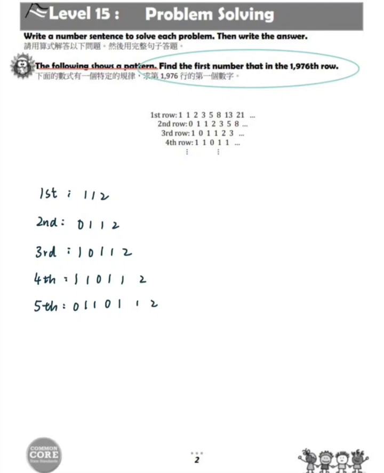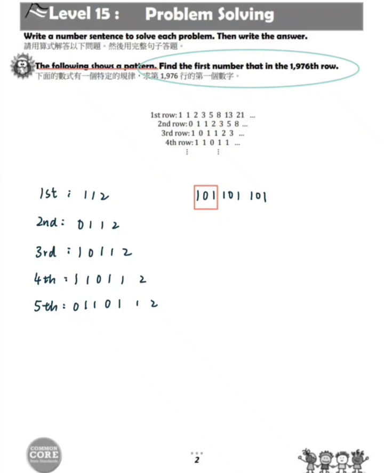So, as we repeat this pattern, you will see that the numbers keep repeating 1, 0, 1, 1, 0, 1, 1, 0, 1. This is the pattern, and each pattern has 3 numbers. And these 3 numbers will keep repeating and being added as the first number for each row.